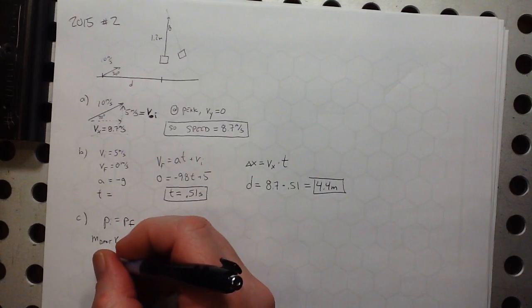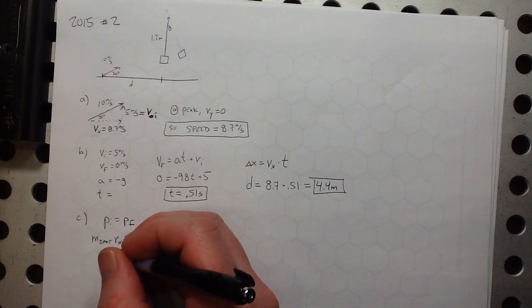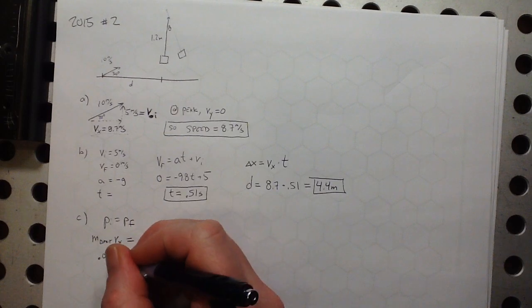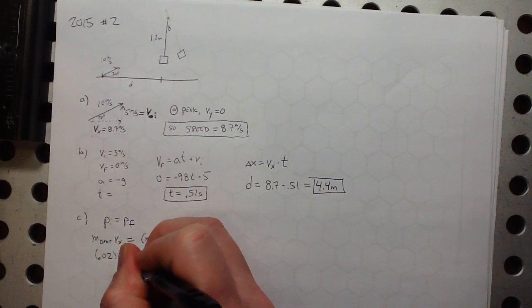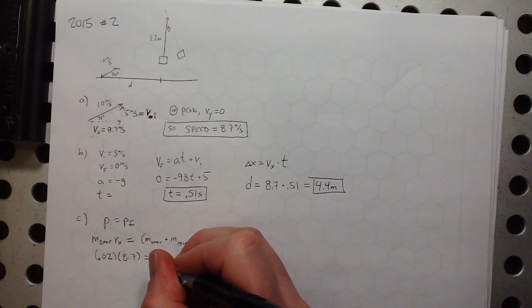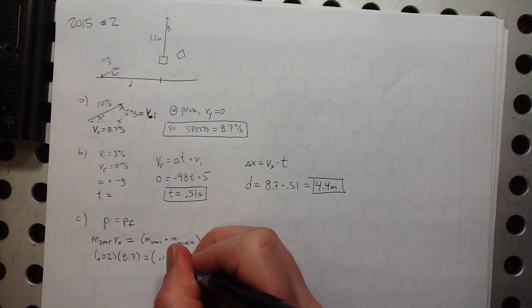So let's see, the mass of the dart is 0.02 times 8.7 is equal to dart plus block, which is 0.12.